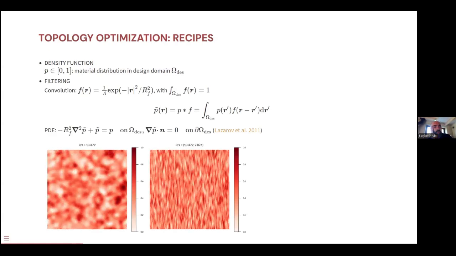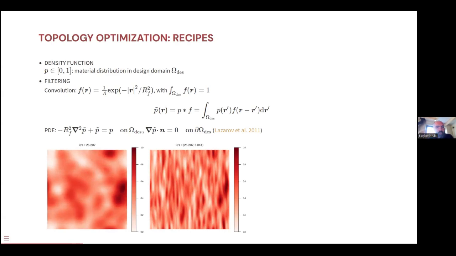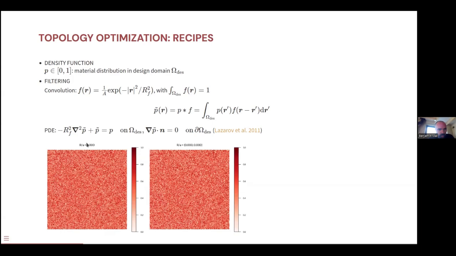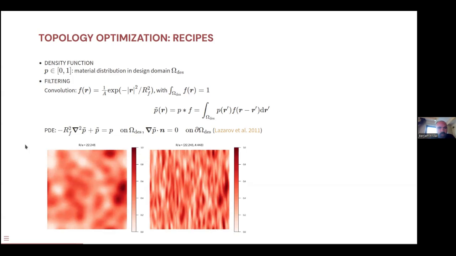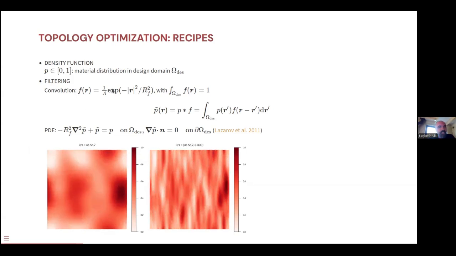And then you want to avoid really, really small features that are not fabricable in practice. So you do some filtering of this density. Here you see an animation where you have a very small random distribution of material, and you apply some sort of filtering in order to have larger features that have a minimum scale. So it can be done in two ways.